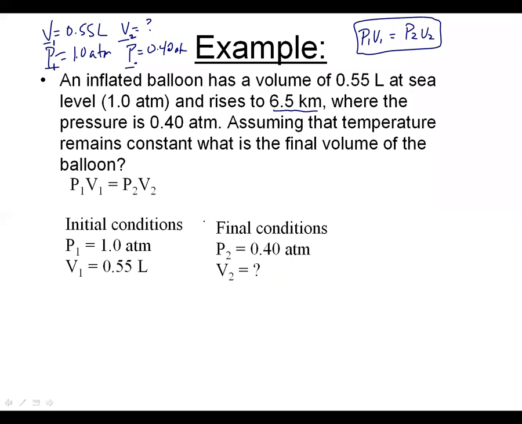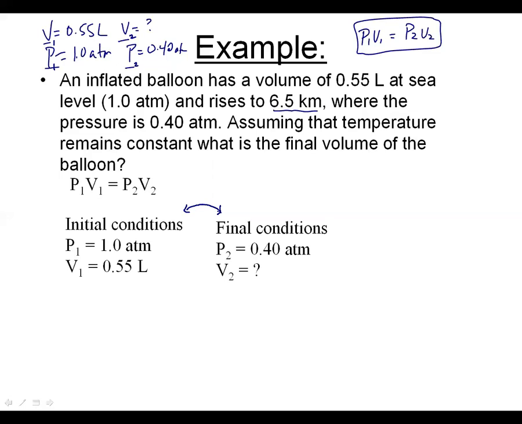Math-wise, it would not matter if you swapped those around as ones and twos. The only thing that would matter is if you mixed information. In this particular problem, 1 atmosphere goes with the 0.55 liters. So you want to always keep those numbers together, no matter if you call them all ones or twos. Again, math-wise, it would be the same.